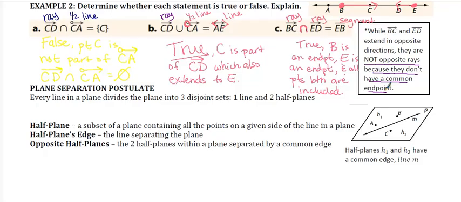In order to be opposites, they have to share an endpoint and go in the opposite direction. Okay, so what that's saying is they share an endpoint, and one goes to the right and the other goes to the left. That is opposite. If they go like this, those do not count as opposite, okay, because they do meet. So those are not opposite.